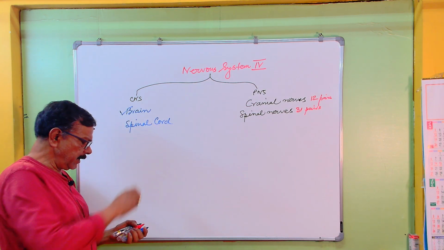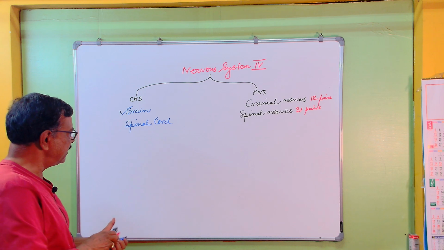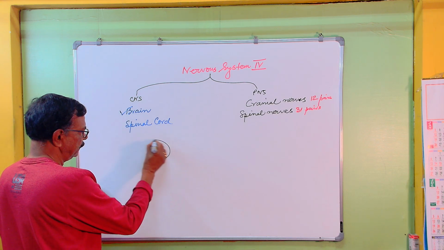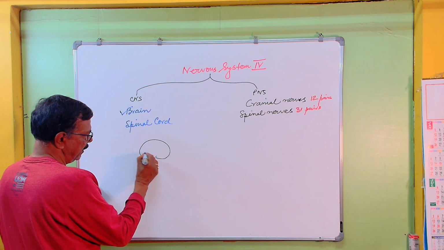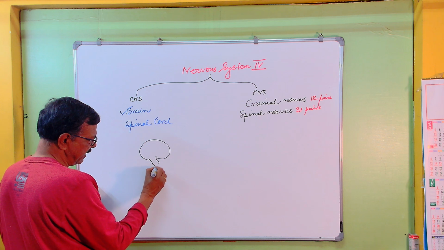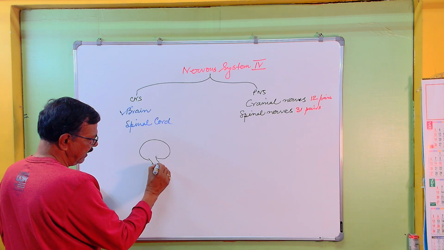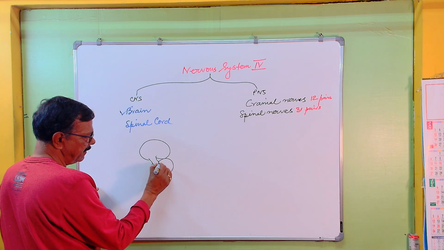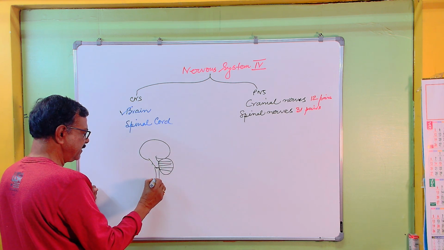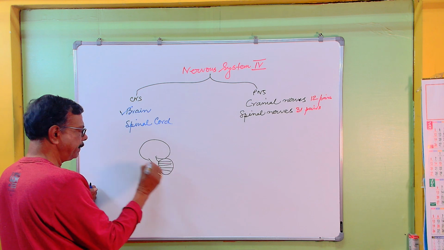Now the brain we have completed like this. This is the cerebral hemisphere and these ventricles and others, and there is the cerebellum. This is the pons and this is the medulla oblongata.